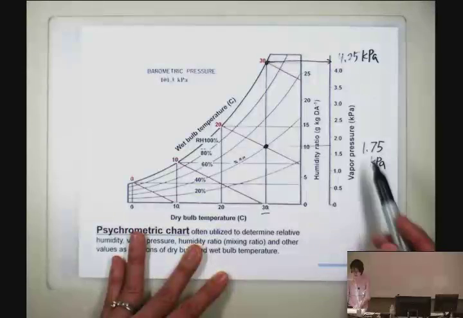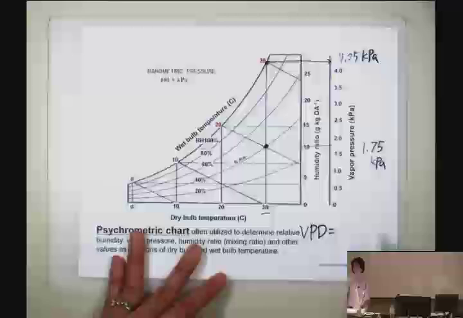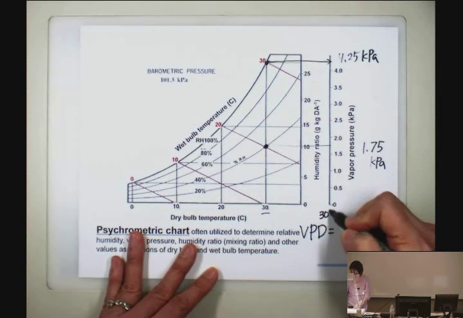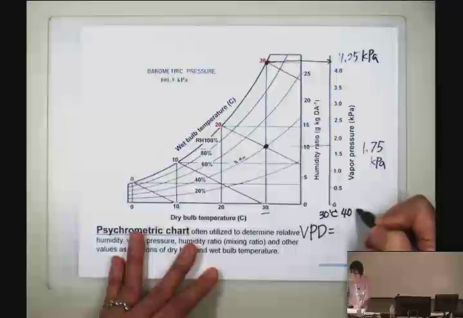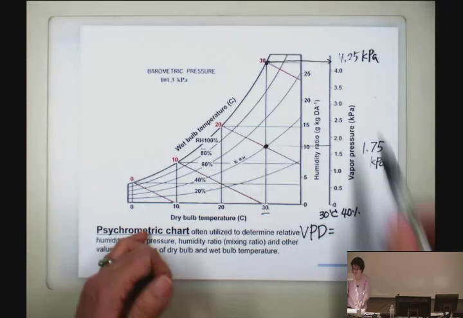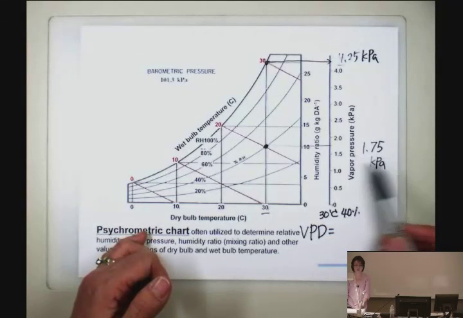This is the current. So what is the VPD? The question is the VPD of 30 degrees C and 40% air. Saturation minus current. Saturation is 4.25. The current is 1.75.